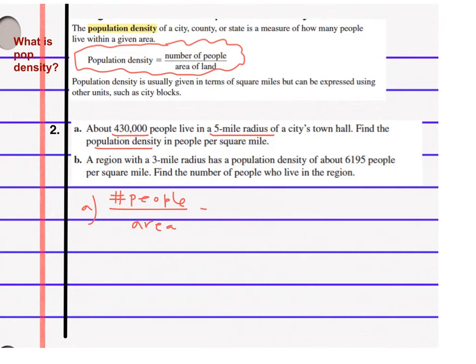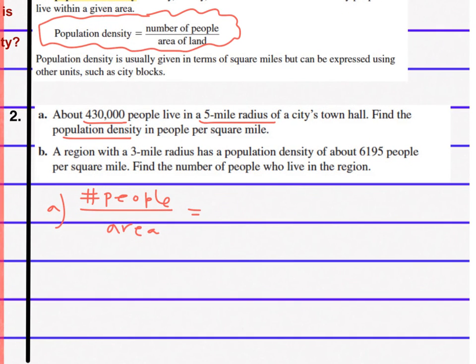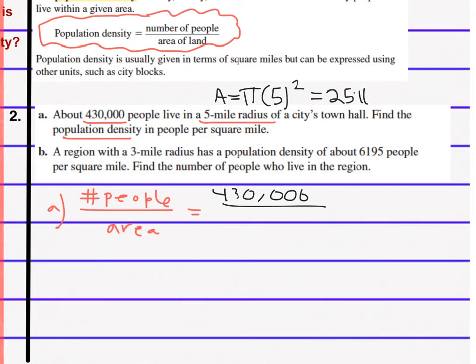The number of people is 430,000, divided by the area. The area should be pi r squared, so pi times 5 squared, that's 25 pi. That's the area that we are including in part A. So I'm going to do 430,000 divided by 25 pi.